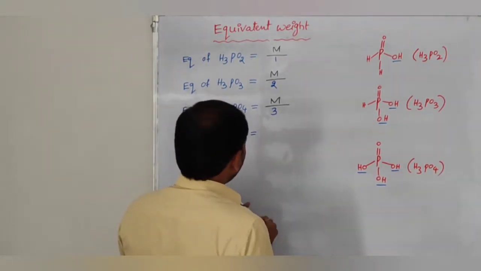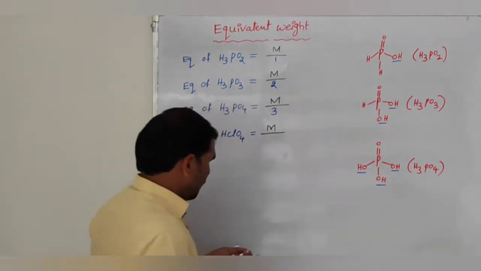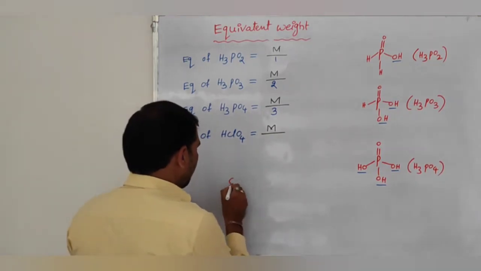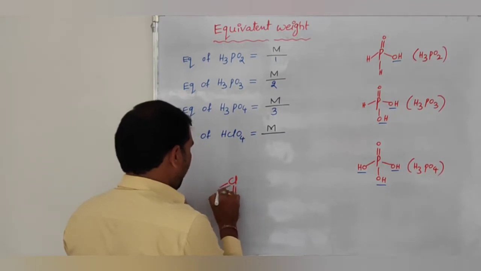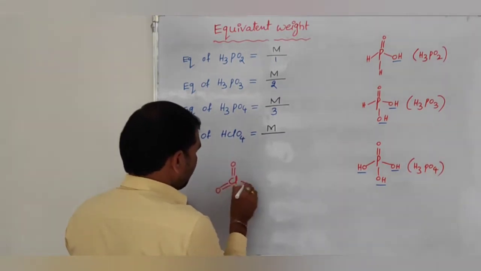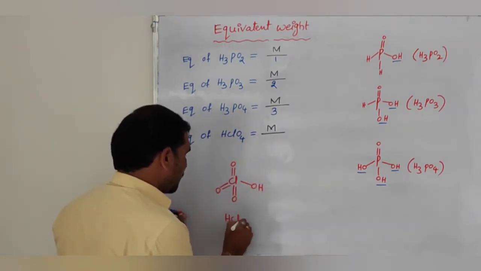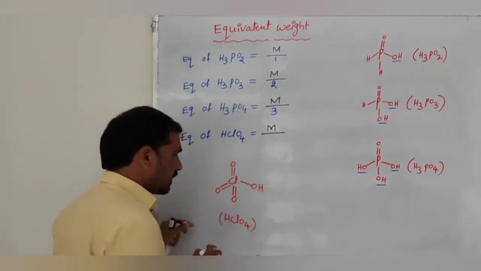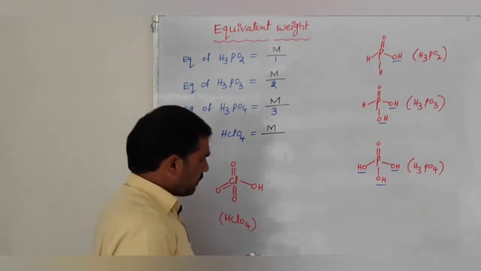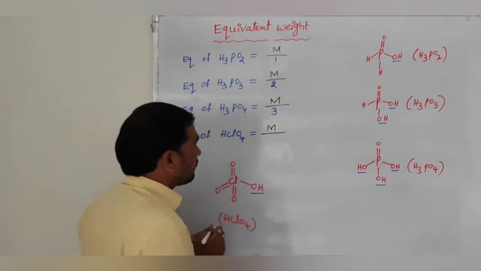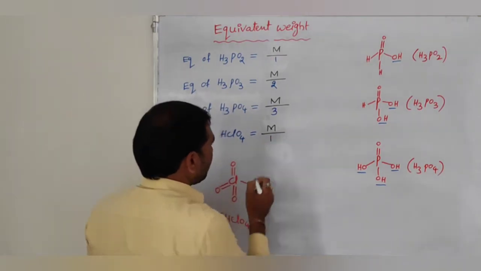Then molecular weight M divided by n factor. Chlorine is the central atom, with oxygens, and here OH. So this is the structure of HClO4, right? Then how many OH groups are there in this, beta? One OH group is there. Therefore the n factor is equal to 1, like that we can take.